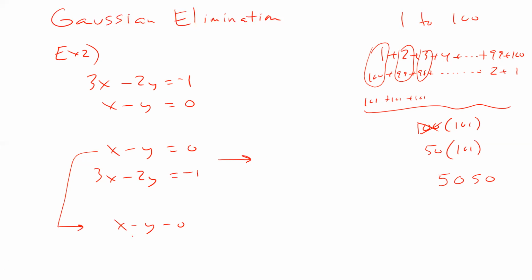So off to the side, this is not what we put down. Off to the side, what do we do to create opposites for x? I need an opposite for x between these guys right there. Multiply by -3, is that right? So off to the world of mental math over here. We just say -3x plus 3y is equal to 0.